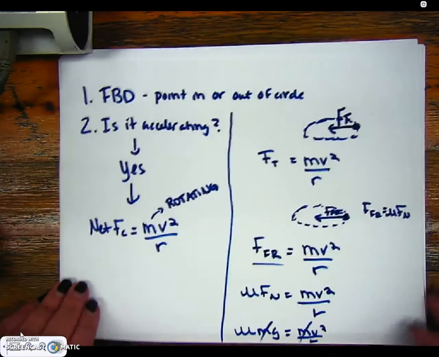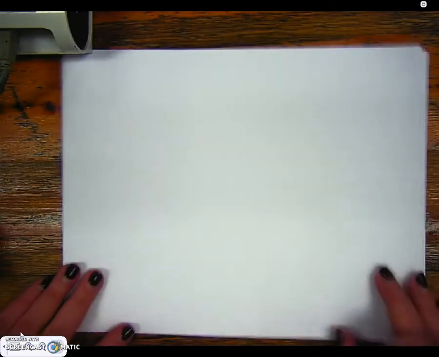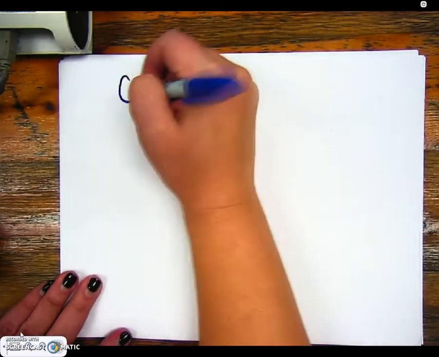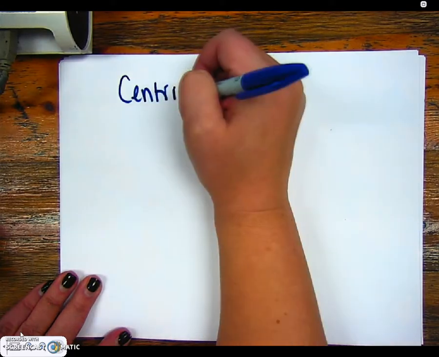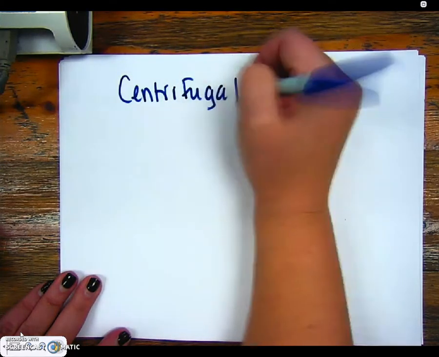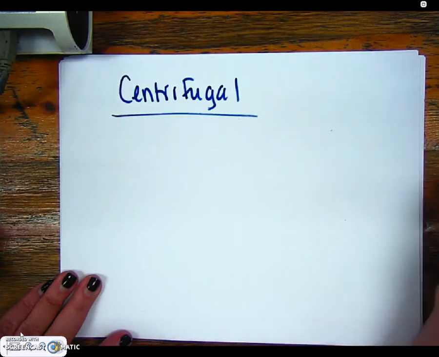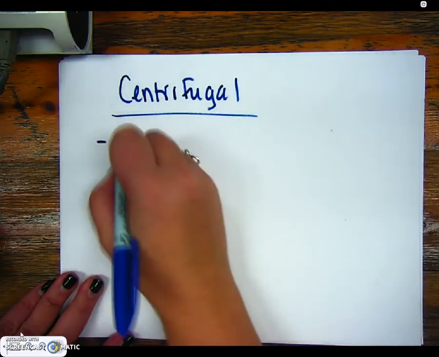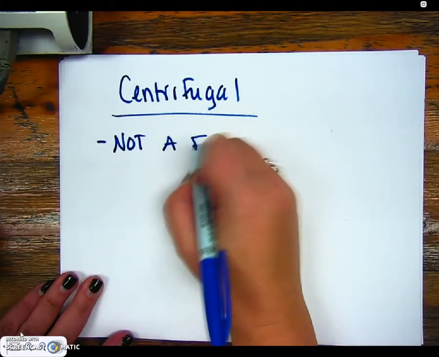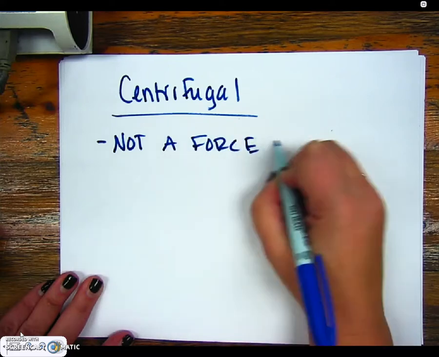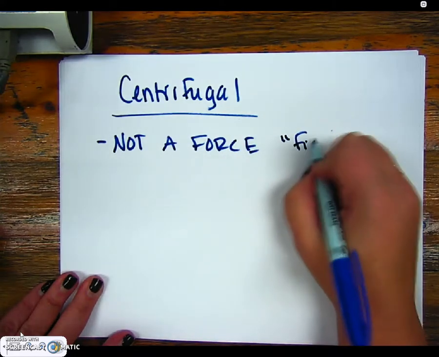The last thing I want to leave this video with is talking about centrifugal force. This is a common word that people know, and centrifugal is not a force. It's actually called a fictitious force.